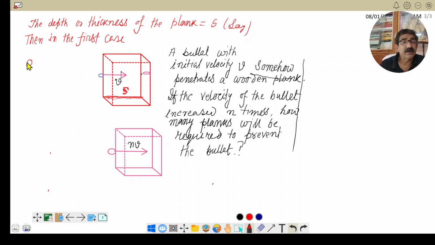The formula is v square equals u square minus 2as, but in this case final velocity is 0 and initial is V. So 0 equals V square minus 2a into S. That implies 2aS is equal to V square, or S is equal to V square by 2a.